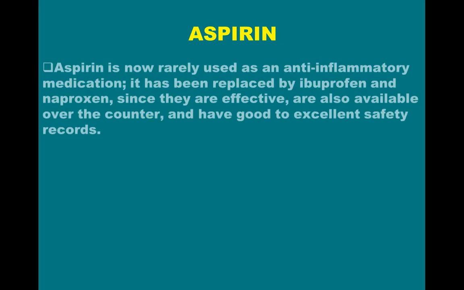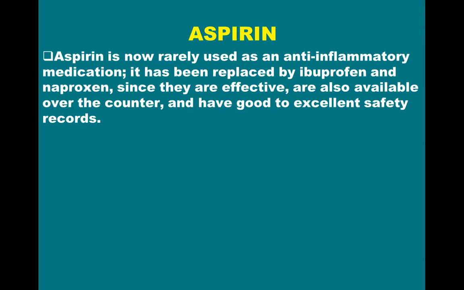So, we will discuss aspirin as a prototype of acylated nonsteroidal anti-inflammatory drugs. As you know, aspirin is a common drug used for prevention and prophylaxis of transient ischemic attack and ischemic heart disease, and used in large doses as an anti-inflammatory in rheumatological disease.